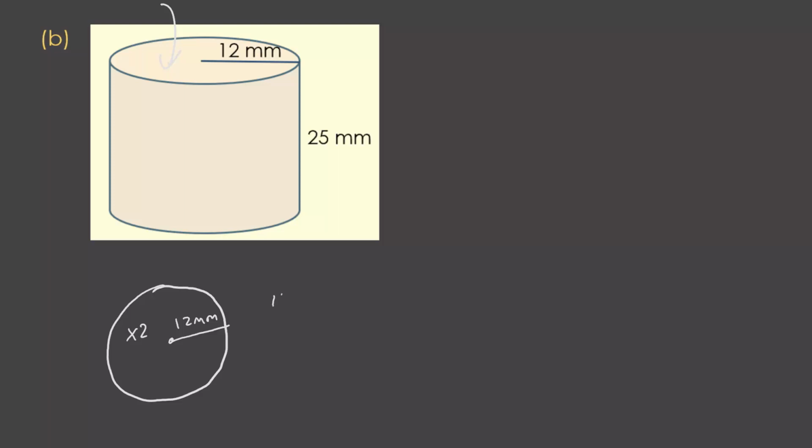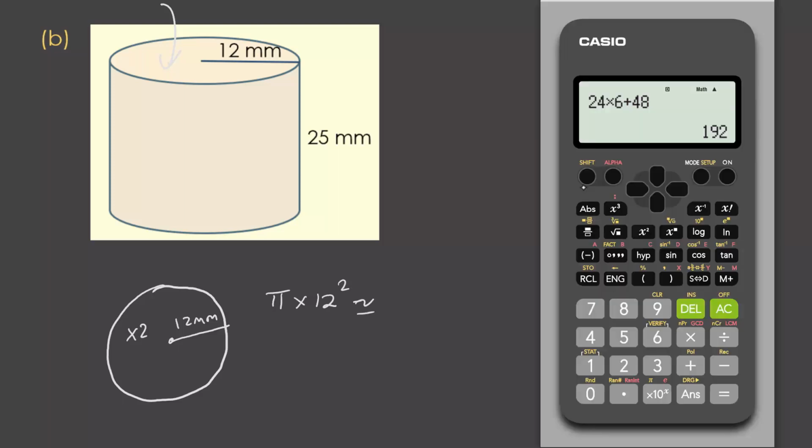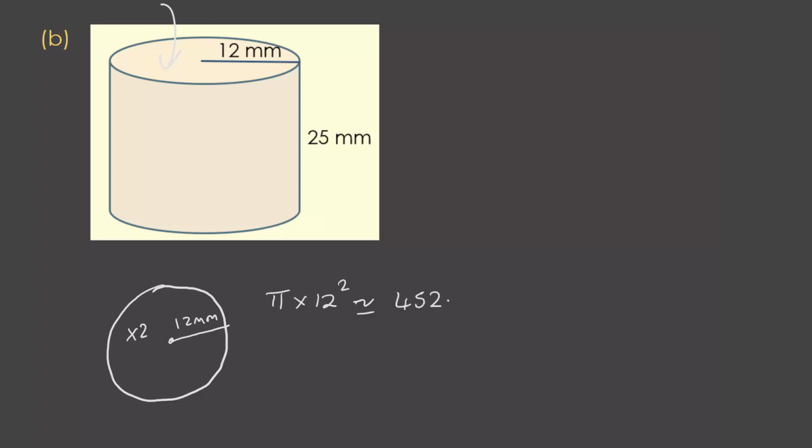So we're going to have pi times 12 squared, which will be approximately 452.39. Let's just put 38 dot dot dot. And obviously we have two of those.